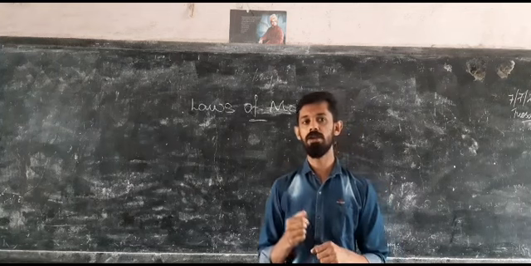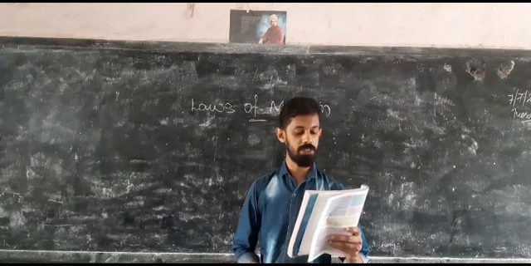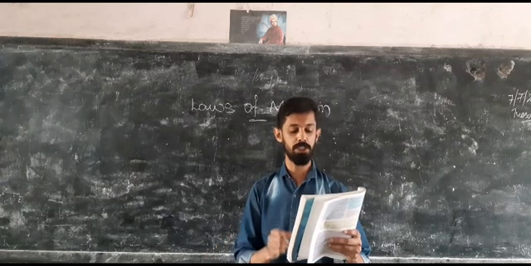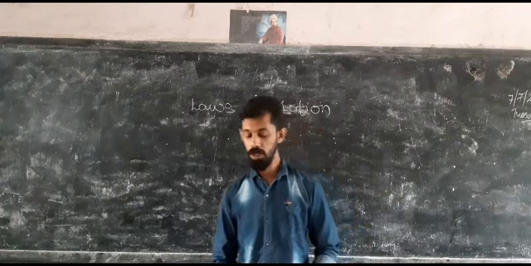So let's come to the definition of motion. According to physics, what is motion? Motion is defined this way: if the position of an object is changing with respect to its surrounding, then it is said to be in motion. When I am here, my surroundings are not changing, which means I am not in motion.